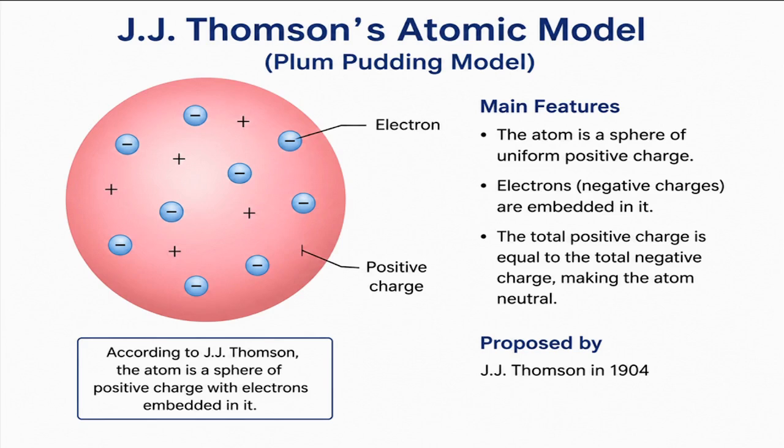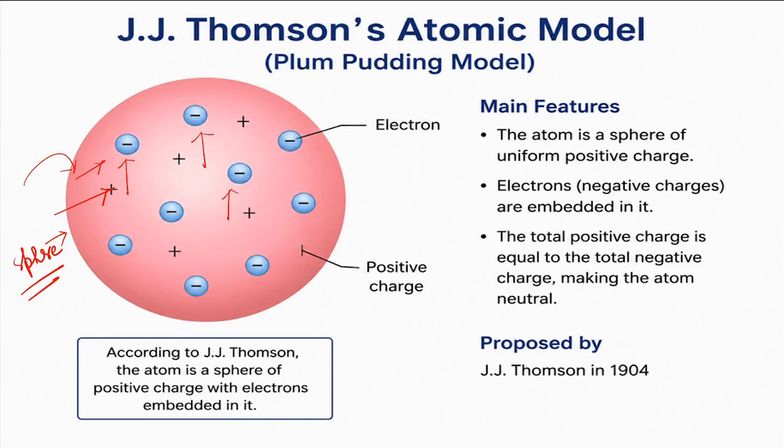In his atomic theory, Joseph John Thomson assumed that an atom is a sphere. You can see this is an atom, and he considered that the atom is a sphere. This sphere is positively charged. In this positively charged sphere, electrons are embedded in some particular positions. You can see all the electrons are negatively charged.